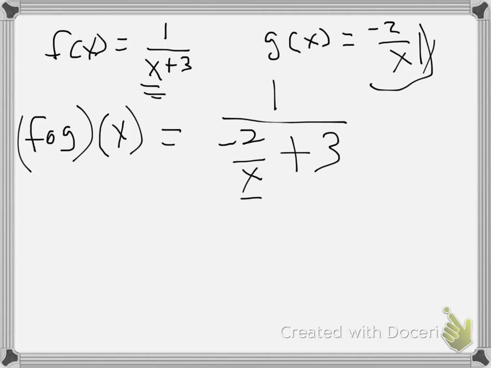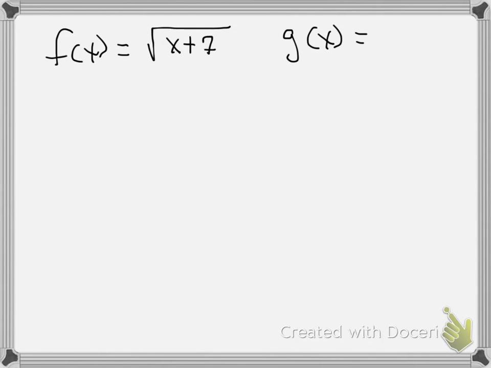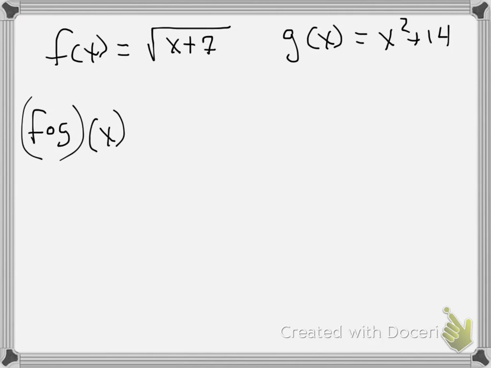Okay. Now, let's see, what else should we look at? Let's take a look at something like f of x equals the square root of x plus 7, and g of x equals x squared plus 14. Now f of g of x.